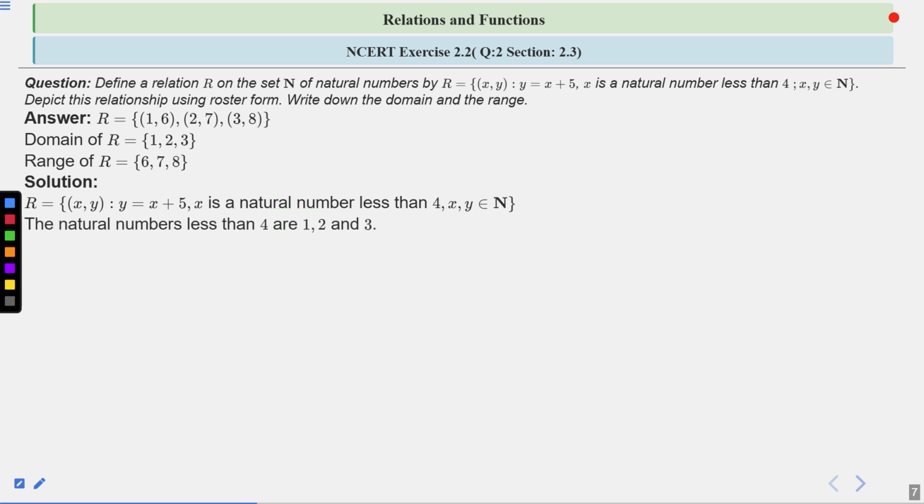So we are having 1, 2, 3. These are the only natural numbers less than 4. So x can be 1, 2 or 3. Now if you put x here, you will get y as 6 for x 1, y 7 for x 2, y 8 for x 3. So these are the only 3 ordered pairs which are in the relation R.